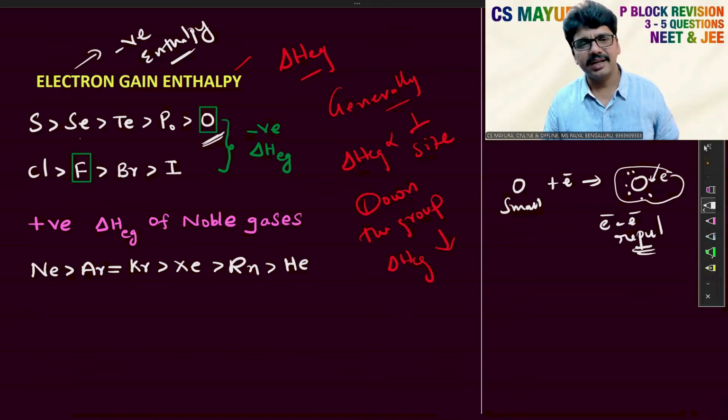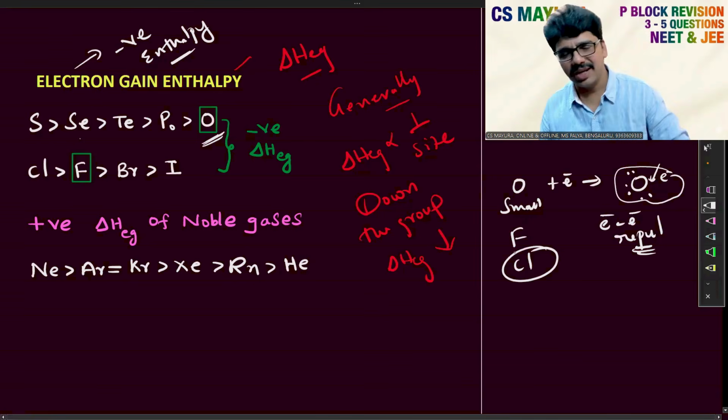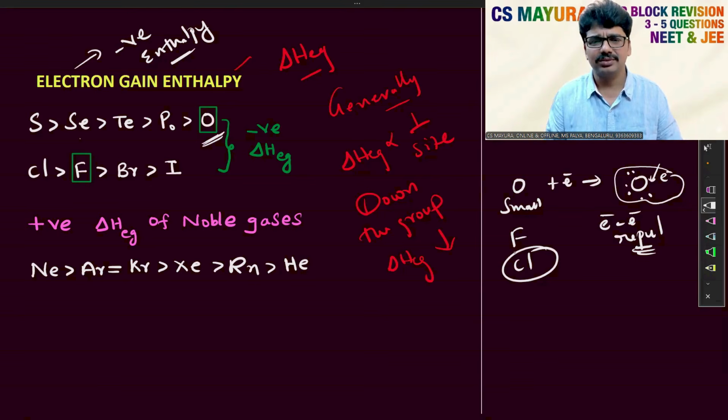Generally, in all groups, the second element's electron gain enthalpy is more than the first element's. Fluorine, chlorine: chlorine's electron gain enthalpy is more than fluorine's. The reason is the same. Fluorine is small in size. Already 7 electrons are there. When one electron is added, total 8 electrons, it will be stable.